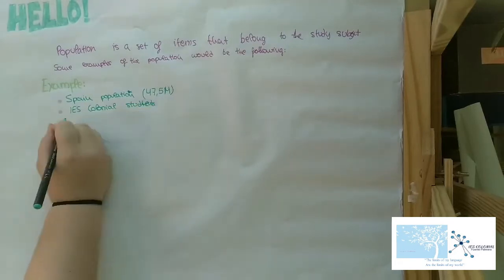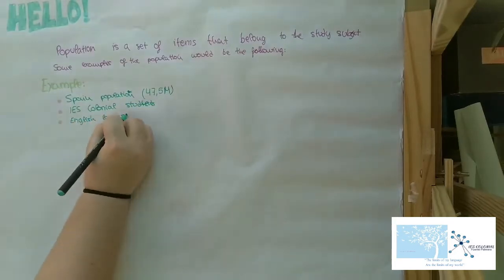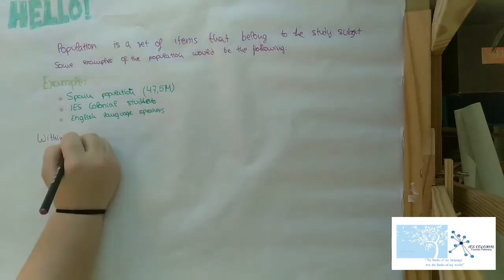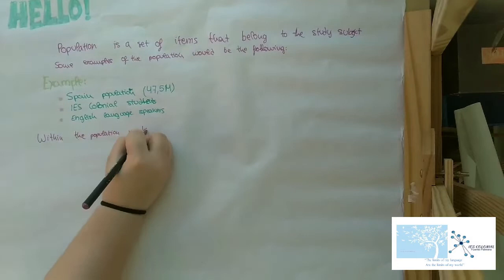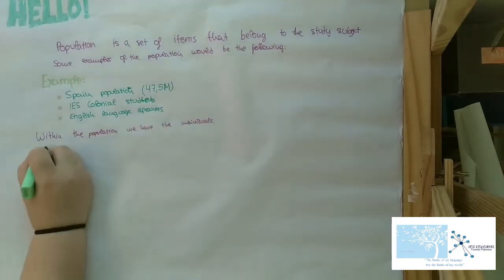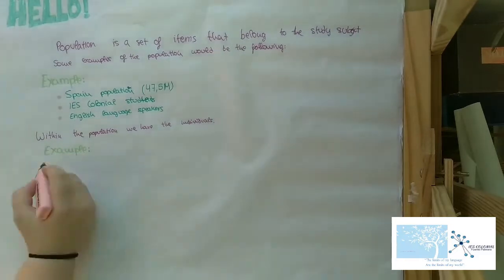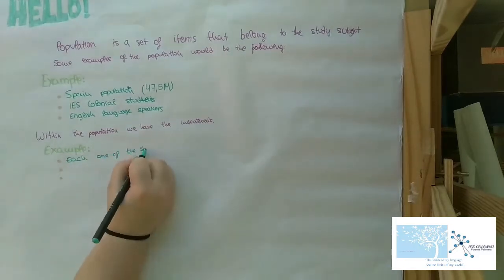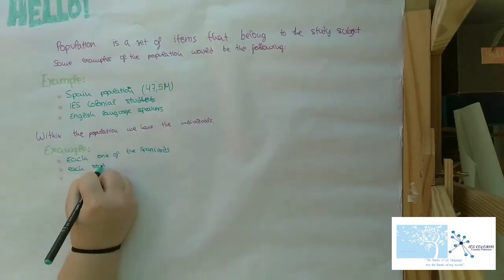They can be defined as each of the items that are included in the population. Following the previous example, we will have each one of the Spaniards, each student of the colonial ES, every person in the world who speaks English.